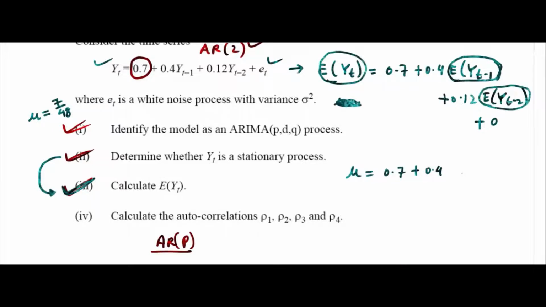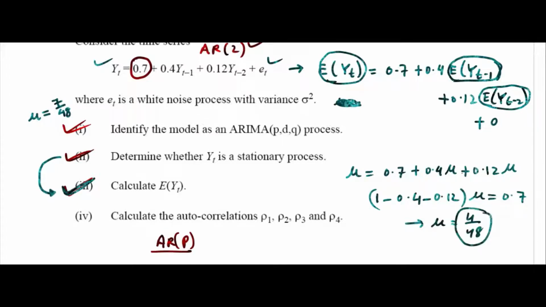So if you take mu here, you will get 0.12 mu, and you need to solve this one. Okay, so 1 minus 0.4 minus 0.12 mu, that will be equal to 0.7. Then mu will be equal to 7 divided by 48.